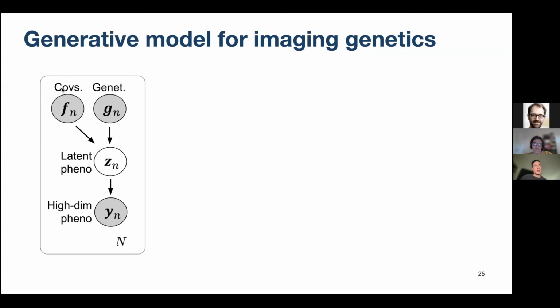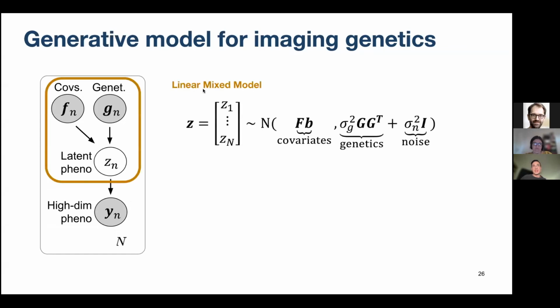And we model this first process using a linear mixed model. This is a standard model in genetics. If we consider a single latent dimension, just for simplicity, in the linear mixed model we model this as a Gaussian distribution with a mean, which is a linear function of the covariates, and a covariance function that has two different components.